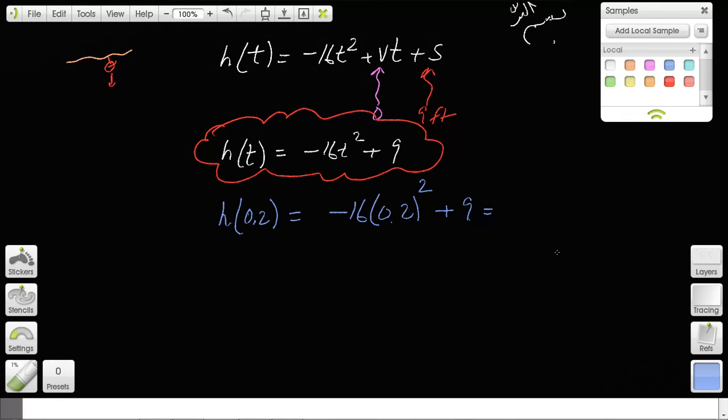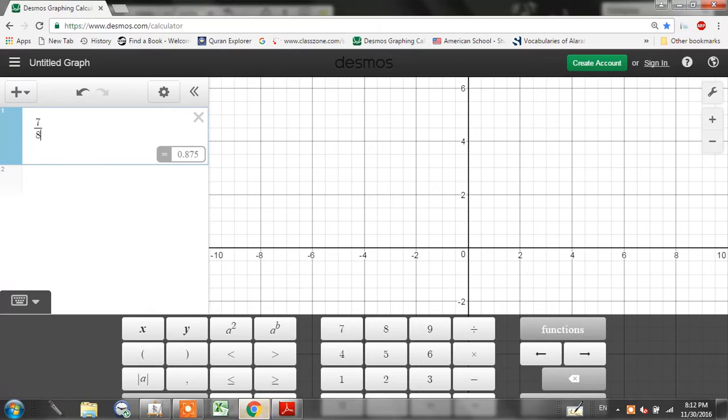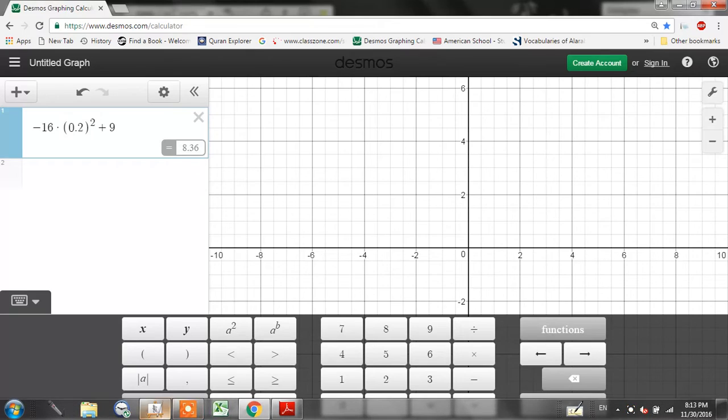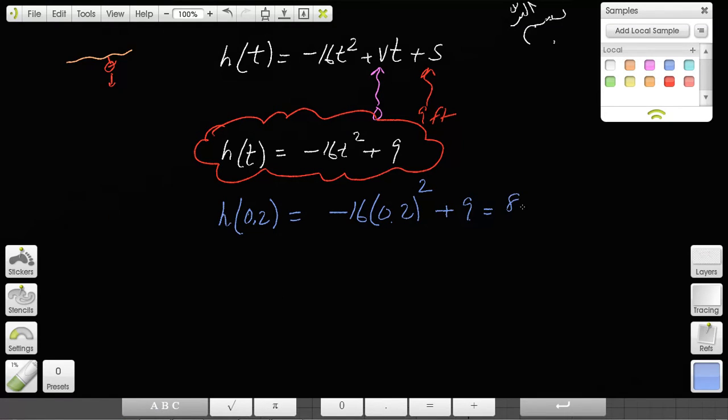If you do this, you get negative 16 times the quantity 0.2 squared, plus 9. That's 8.36 feet. That's how high it's going to be. After 0.2 seconds, it's going to be 8.36 feet.